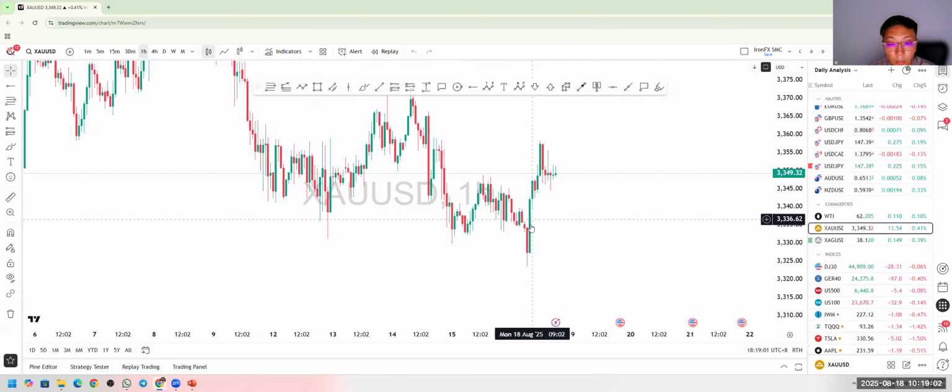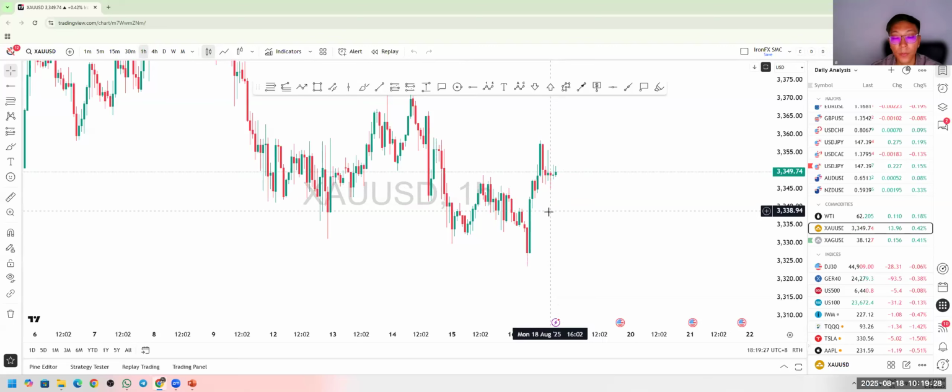But after I saw such a huge bullish candle in the Asian session, I realized that actually sells don't look too good. Then I noticed that in this session, we have a change of character. Once we have a change of character, we have a fair value gap as well as a Fibo retracement level.